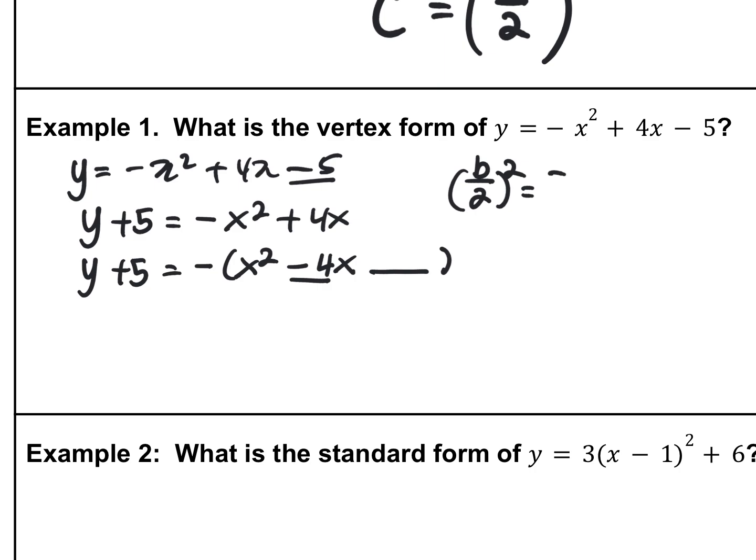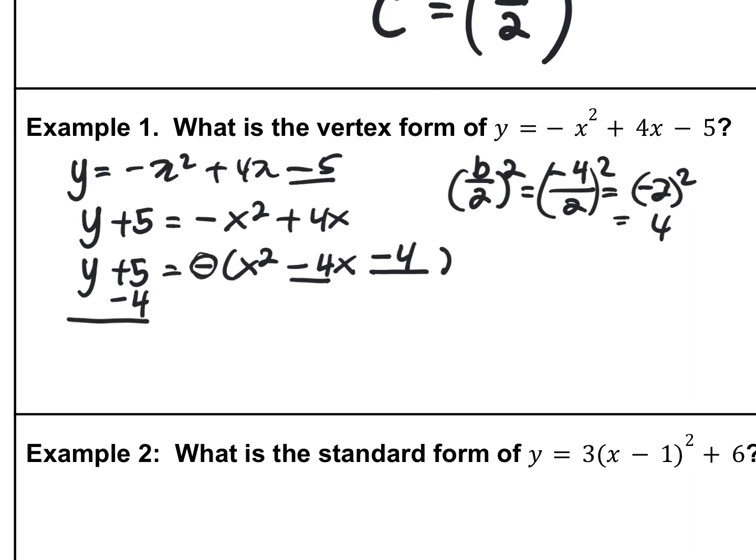So in this case, negative 4 divided by 2 is going to give you negative 2, and then you square that, so that's going to give you 4. Now it's 4, right? It should be plus 4, but there is a negative outside, so multiply it. So 4 times negative 1 is going to give you negative 4 in here, and this is going to give you negative 4 on this side also.